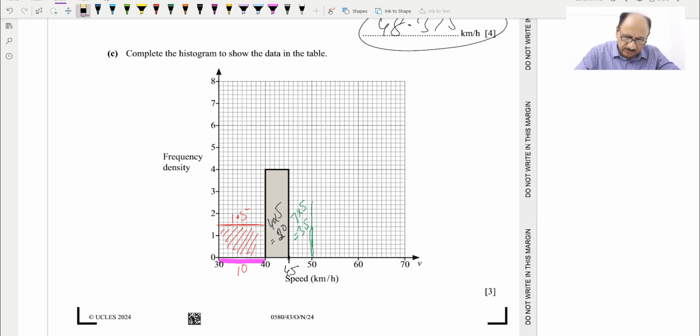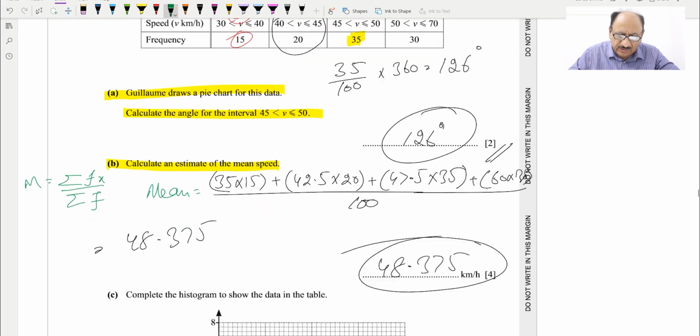So let me erase this, and up to 7 will be this height, and we need to make closed bars for the histogram, and there should not be gaps between the bars, and this is like the rule for the histogram. And this one is this bar, and next is from 50 to 70 is 30.